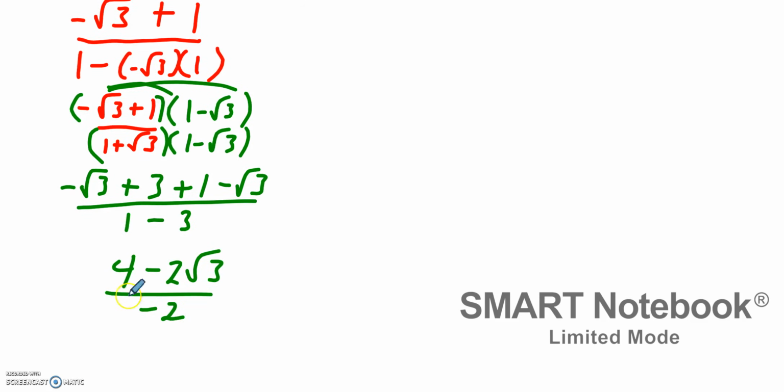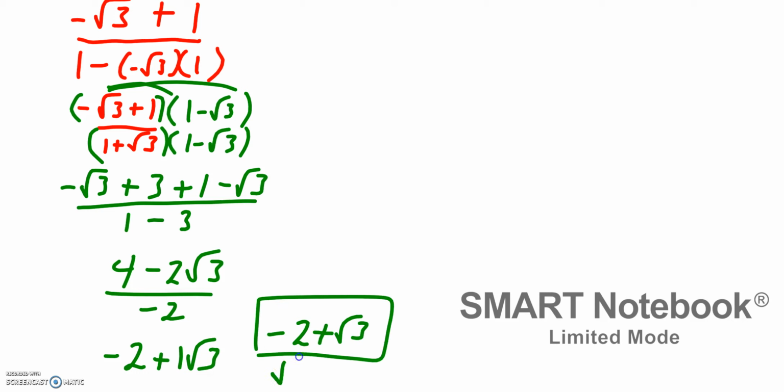So if I divide both of these pieces by negative 2, 4 divided by negative 2 is negative 2. Negative 2 root 3 divided by negative 2 is a positive 1 root 3, or even better, negative 2 plus root 3. We will also accept root 3 minus 2. Both are correct.